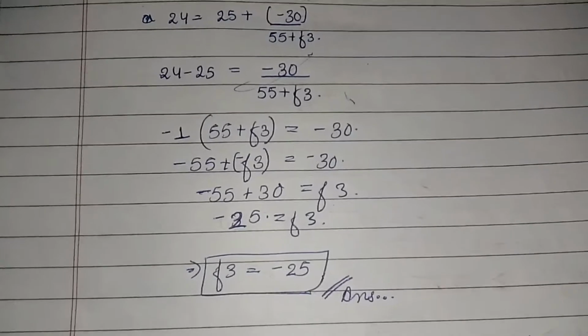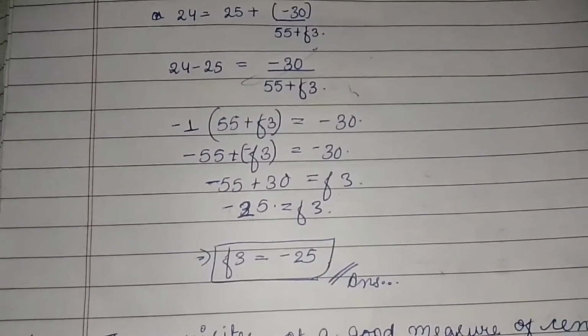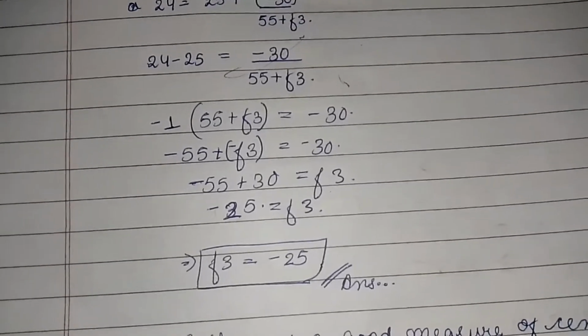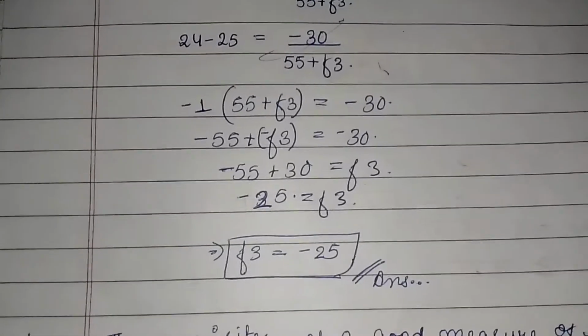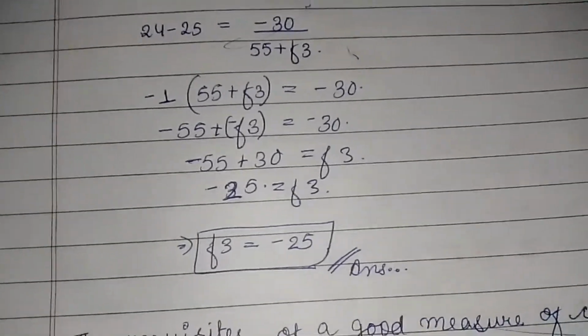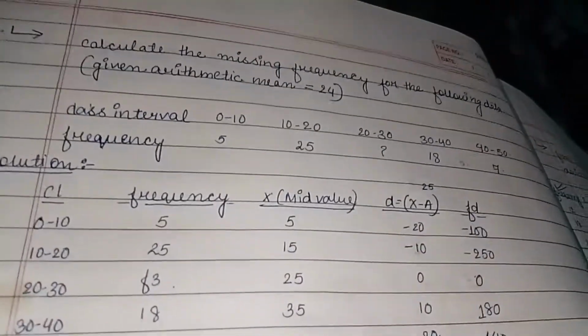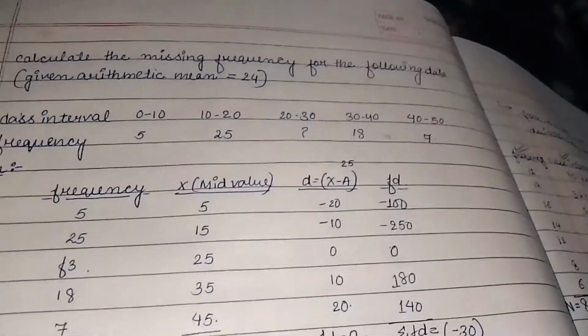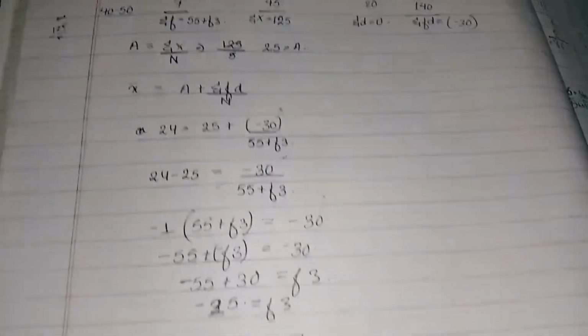Minus 1 into (55 plus f3) equals minus 30. Minus 55 minus f3 equals minus 30, so minus 55 plus 30 equals f3. So minus 25 equals f3. Hence f3 equals minus 25, so the missing frequency is minus 25.